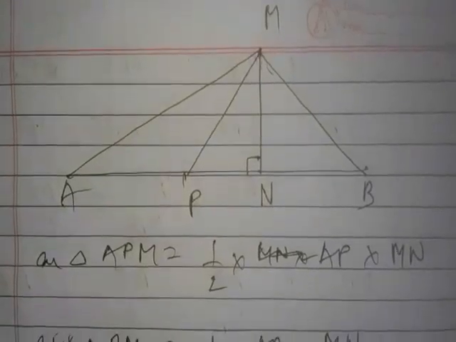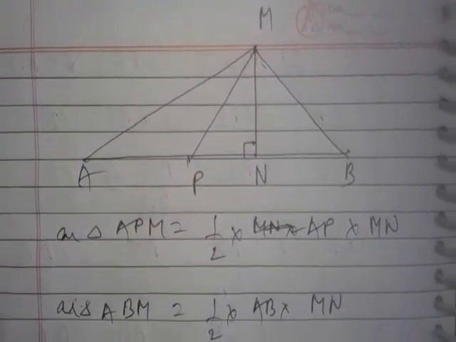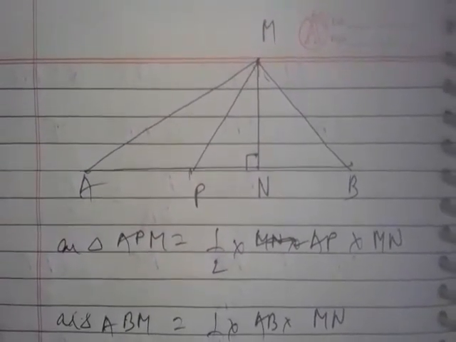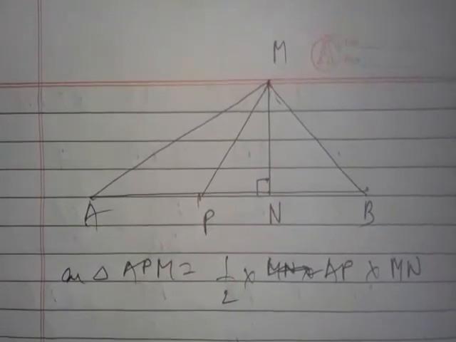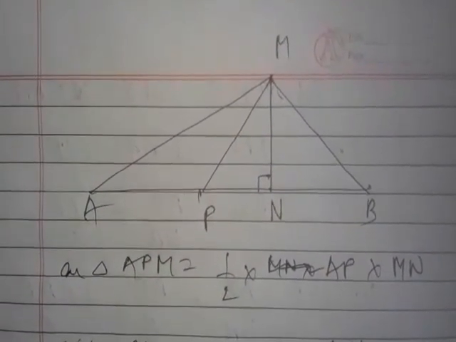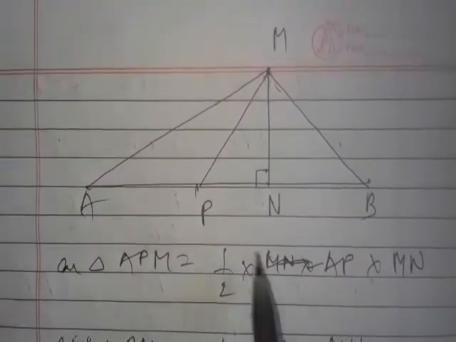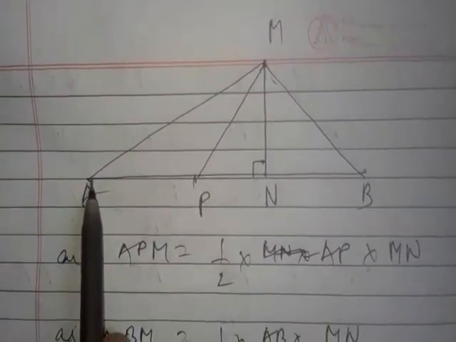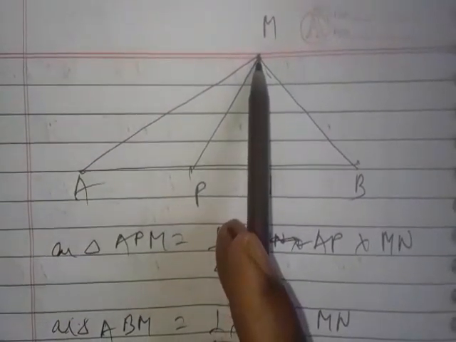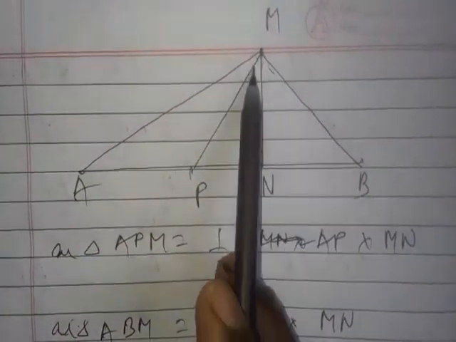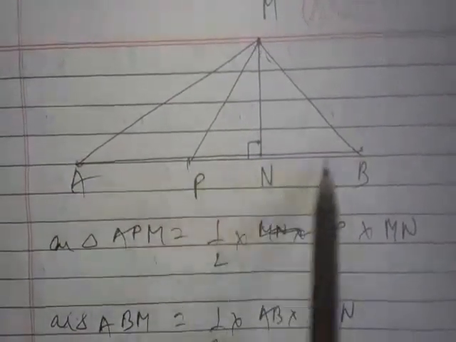Now, to understand the proof of the basic proportionality theorem, first of all, we have to remind ourselves of the things from standard 9. The first one: here we are having various triangles which are having the top as M, and MN is perpendicular to AB.